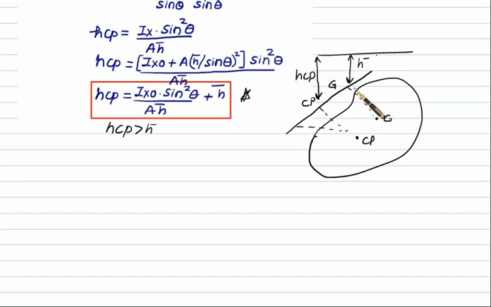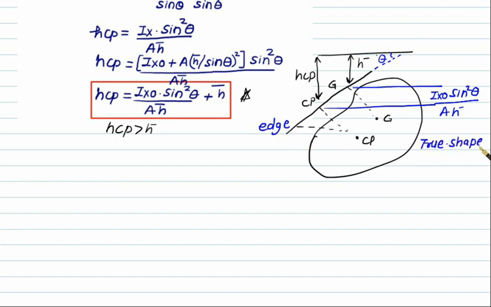The difference between h bar and SCP is given by this term, which is Ixo into sine square theta divided by A h bar. If we extend this line, it makes an angle equal to theta. This one is called as edge view. This one is called as true shape. So normally, if we have an angle equal to theta, then it is always concluded that SCP is greater than h bar, because this one is sine theta here.